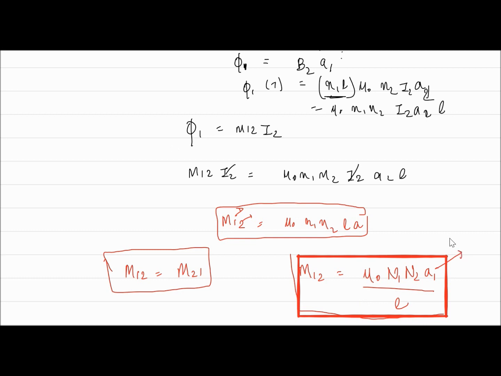That is, we take the area of the smaller coil and the length of the larger one. The area should be the minimum one and the length should be the maximum one. Thank you, and I'll see you in the next video.